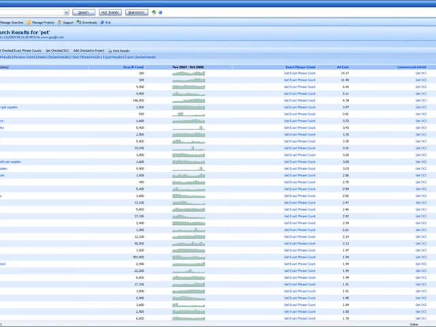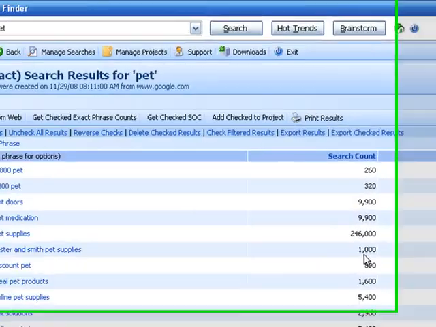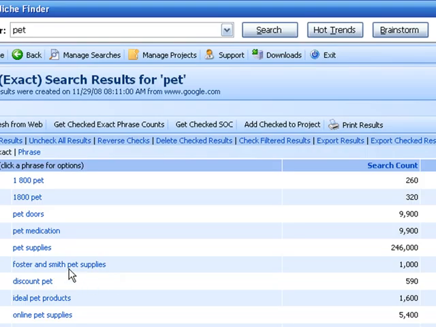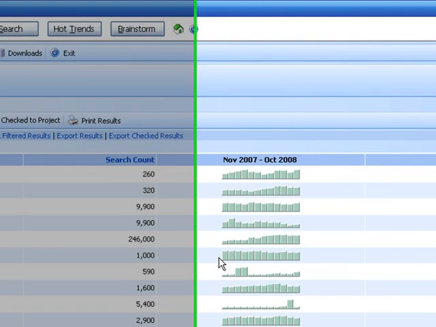So I choose carefully. I would have looked here a little bit more, but because of time, I'm just hitting this one. 1,000 per month. Ostrom, Smith Pet Supplies. Maybe with that term, they might have an affiliate program. It's a constant amount of searches per month as well, which if you look at this chart here, it's the same reading.